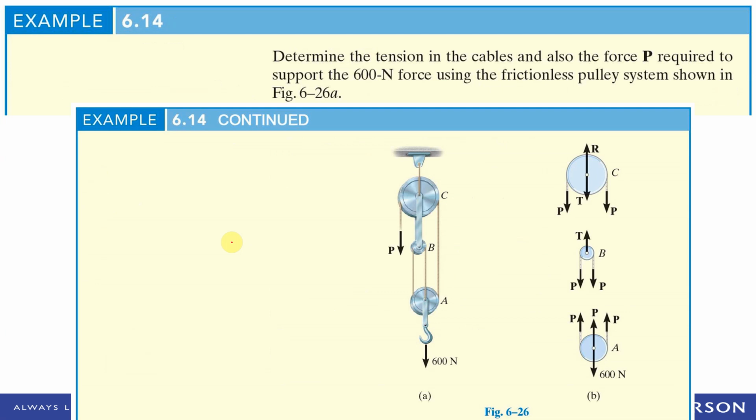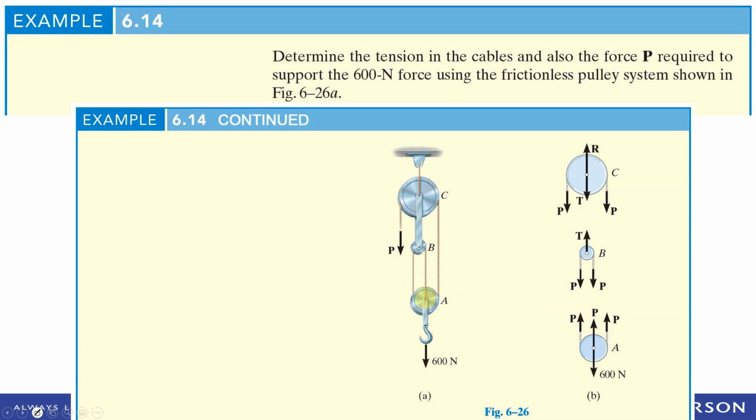Now, we want to take a look at analyzing pulleys. By the way, this is an upcoming lab for you guys, to analyze pulleys. So we have a hook, and we have a pin joint here.